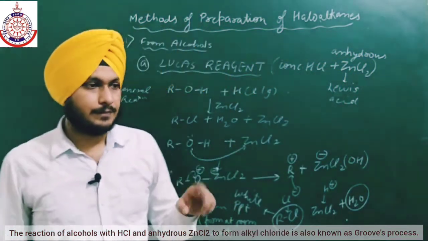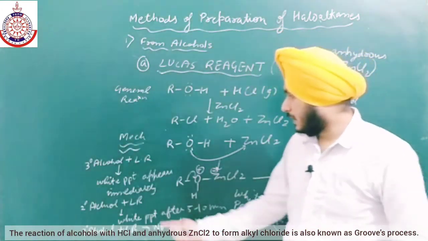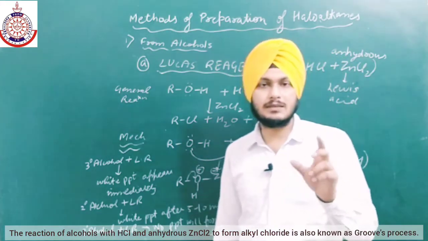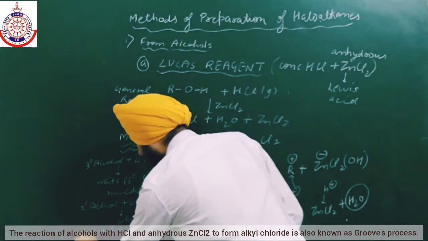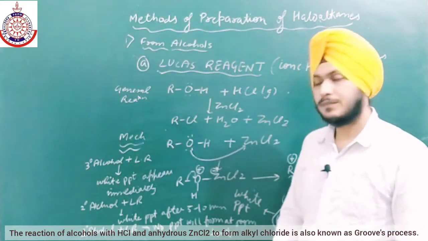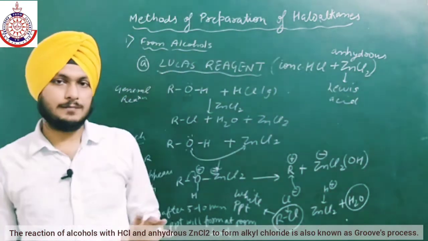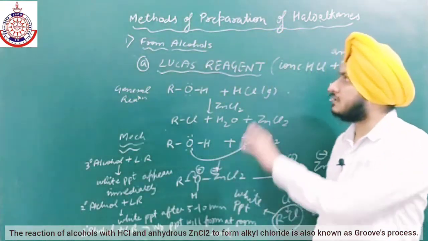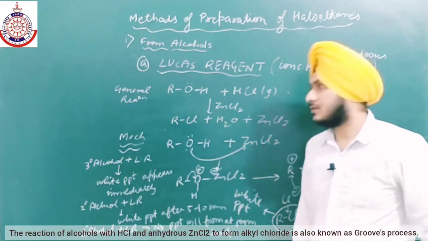In case of tertiary, the white PPT appears immediately, or at once, and in case of 2 degree, within 5 to 10 minutes, and in case of primary, there will be no PPT formed, and we have to supply some amount of heat. So this is all about preparation from alcohols by the reaction of halogen acids.